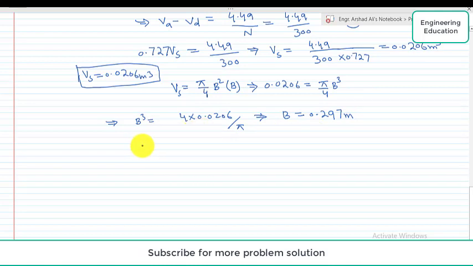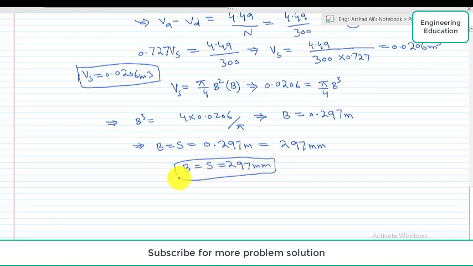So also, b is equal to stroke, so the value of stroke will also be 0.297 meter, or in millimeter it will be 297 millimeter. So we can also write like this: bore is equal to stroke and it is equal to 297 millimeter. So this is the solution of problem 12.8.